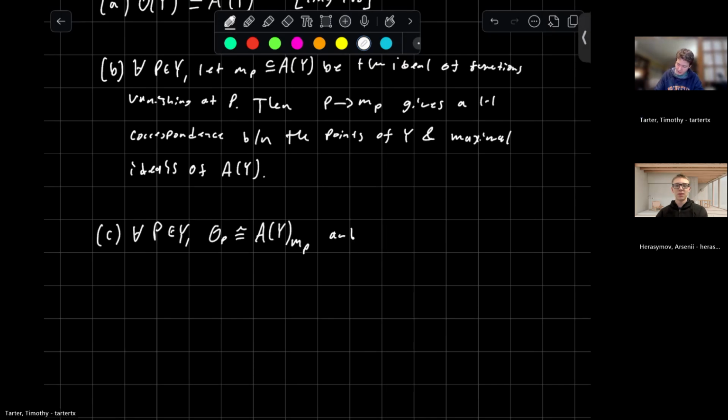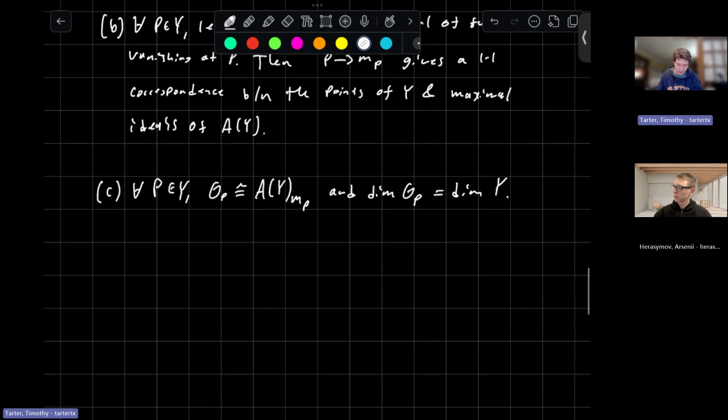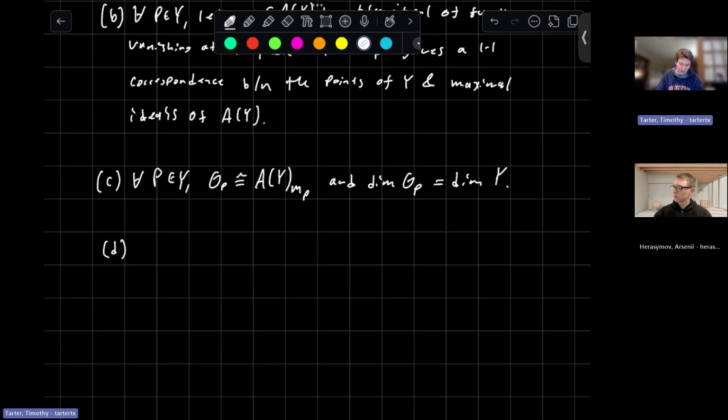And then the dimension of the local ring at P is equal to the dimension of Y, either via Krull dimension or the induced topology dimension. Finally, K(Y) is isomorphic to the field of fractions of A(Y).